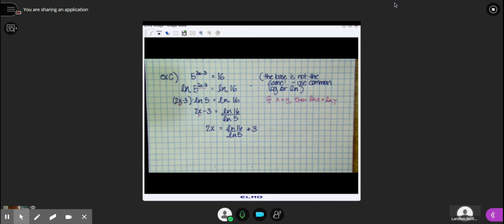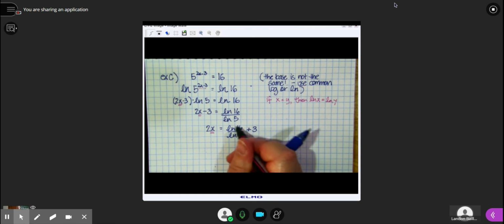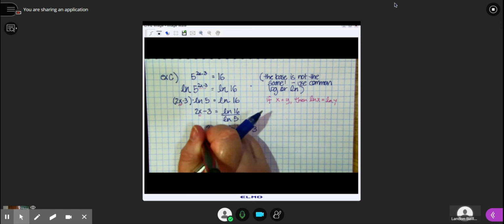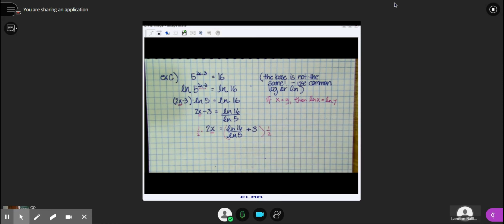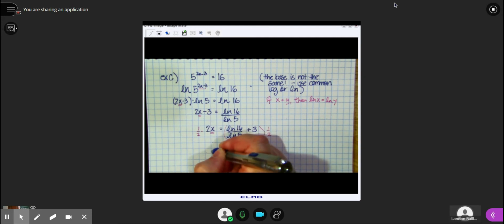And then, again, still solving for x. I want to divide everything by 2. Or, since this is already a fraction, I'm going to multiply by 1/2 on both sides. Multiplication by 1/2 is the same as division by 2.